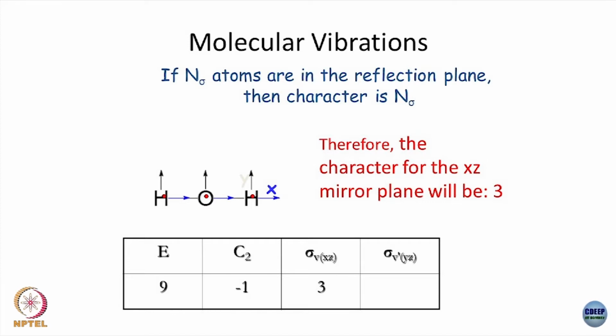So, n sigma is 3. So, the character will be 3. Okay. You can prove it rigorously, but I am giving you a final answer. So, therefore, the character for the molecular motion reducible representation is going to be 3 for reflection in the xz plane.